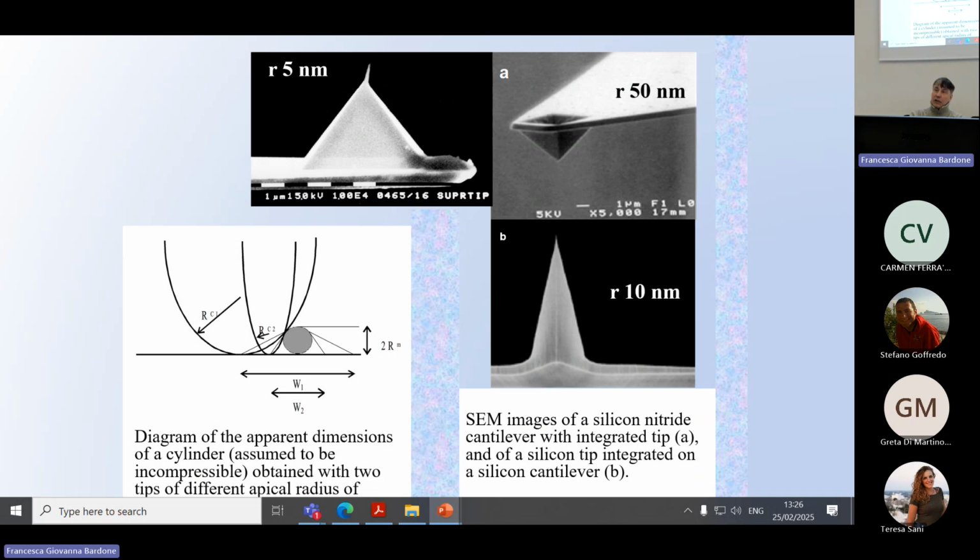I used the carbon contamination to create a super tip, a tip much thinner than the commercial one. So the commercial one was this one, and using the carbon inside the electron microscope, I created this even sharper tip to increase the resolution.